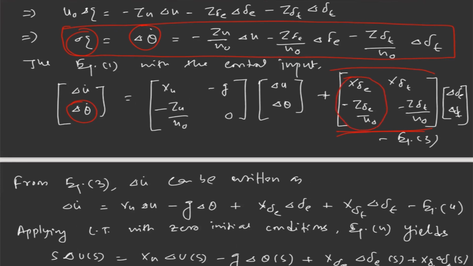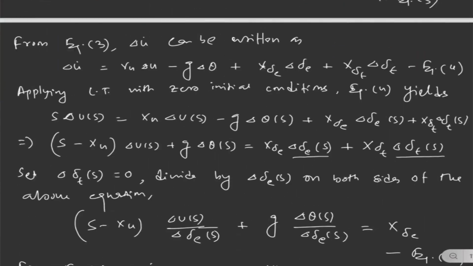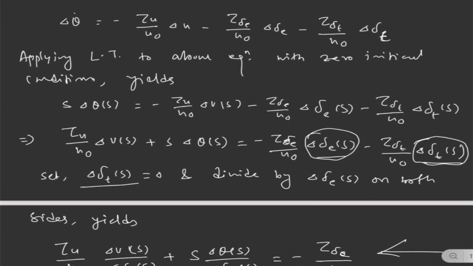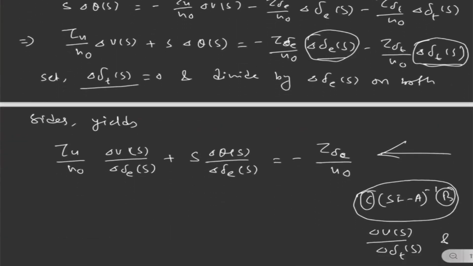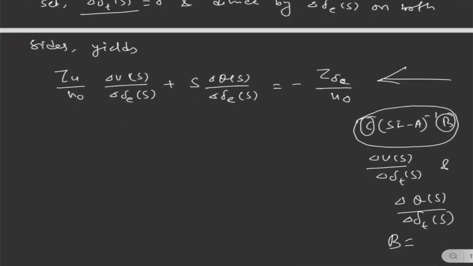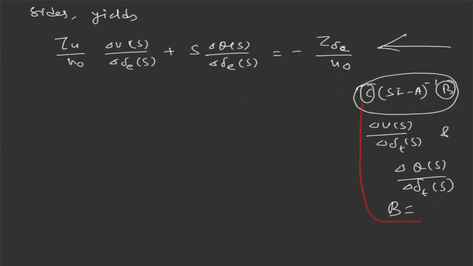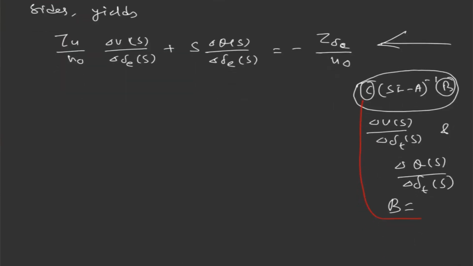And if you want to find how delta U and delta theta are affected by delta_T(S), then we have to consider the second column of the control matrix. So for the time being, we are considering only the first column vector of the control matrix. You can use this method also, and you can find the transfer function of the respective output.